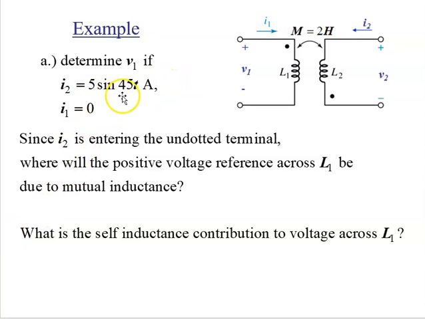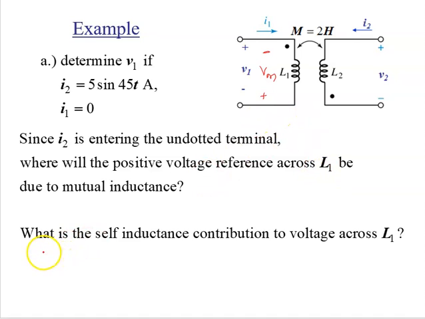Here we have I2 flowing into L2 at the non-dotted terminal, so we want to know what the positive reference across L1 will be due to the mutually induced voltage. Since it's flowing into the non-dotted terminal, we're going to have a VM in this direction. The self-induced contribution will be up at the top.